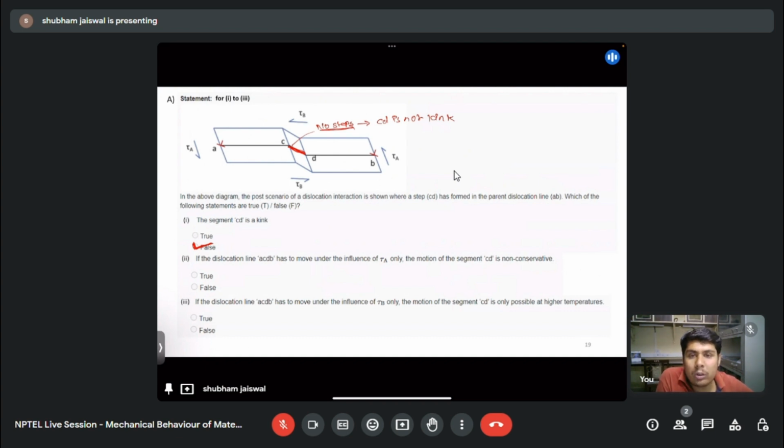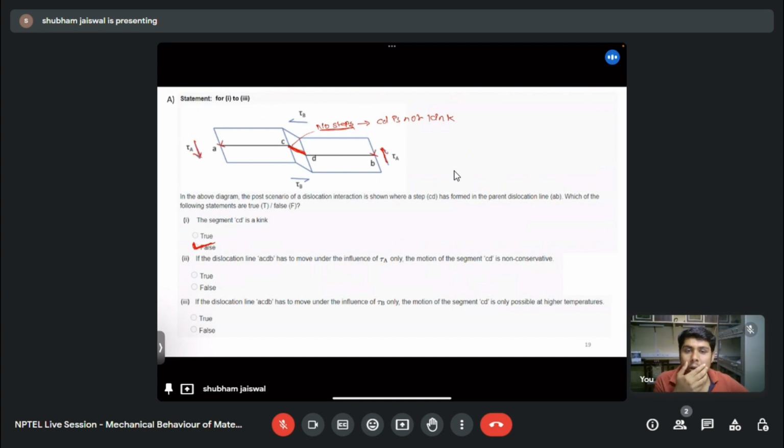Now the second statement is, if the dislocation line ABCD has to move under the influence of tau A only, the motion of segment CD is non-conservative. So here we have a tau A in this direction.